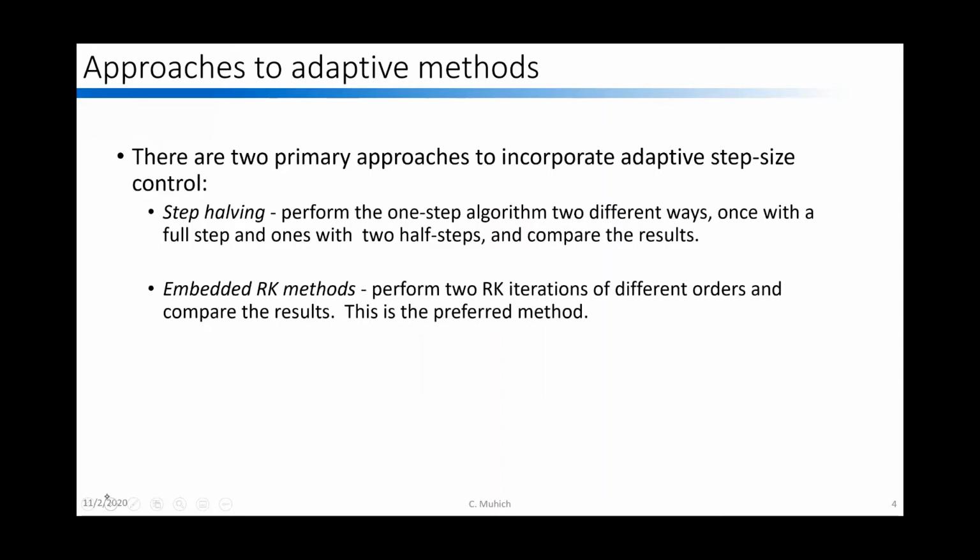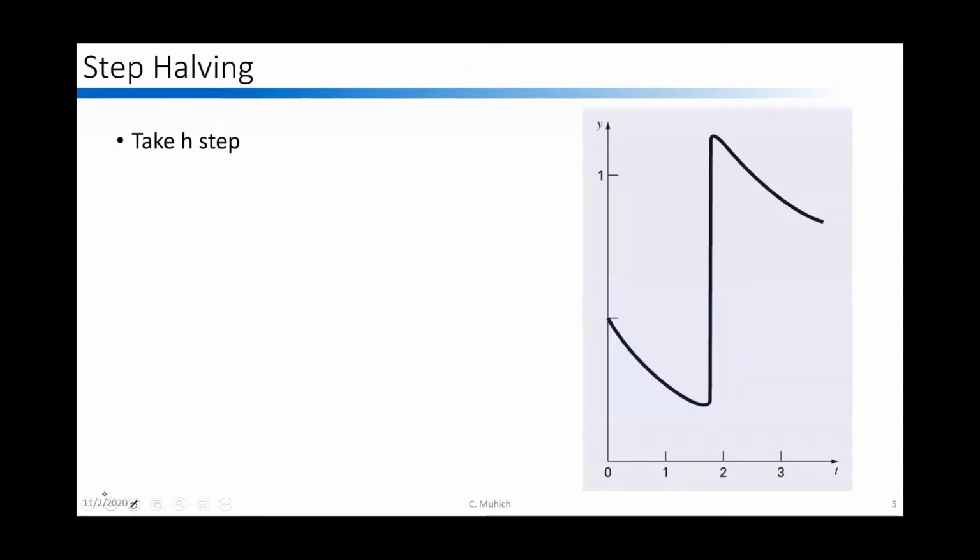The second method is called an embedded Runge-Kutta method, where we're going to perform two different Runge-Kutta iterations of different orders and see how the results compare. This is the more preferred method, as it's going to give us higher accuracy. But first, let's talk about step halving and how this might look.